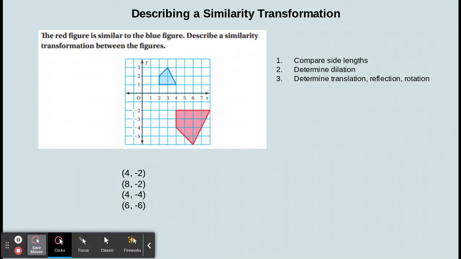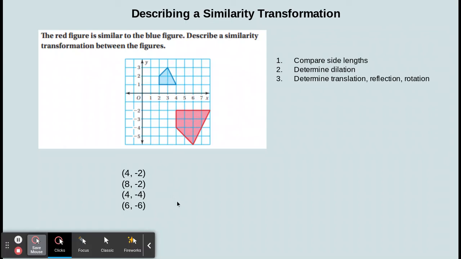Okay. So first thing to note, if you look at these two figures, this bottom length and this length here, how do they compare? Well, this one's 2 units and this one is 4 units. So comparing the side lengths right here, step 1, we notice that the blue figure is half the length of the red figure, or the red figure is twice the size of the blue figure.